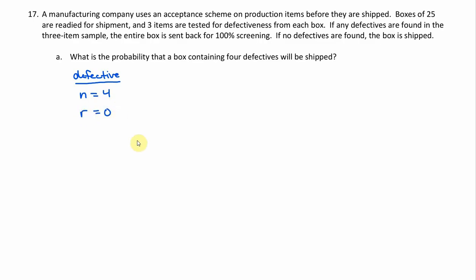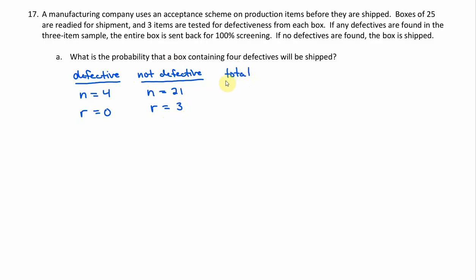Because if one of them is defective, then the whole box goes back for screening. So we can't pick any of them. And so that means for not defective, we know that there are 25 total in the box, so that means there must be 21 that are not defective if 4 of them are. And then all 3 that we pick have to come from here.